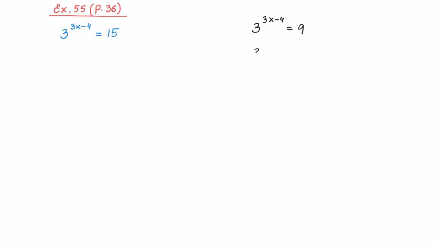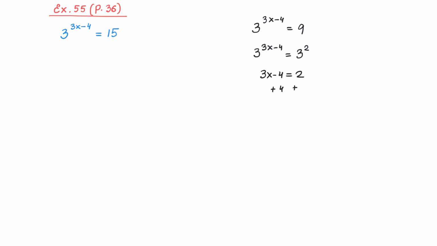Then we would keep the left side as 3 to the power of 3x minus 4, and we would write 9 as 3 to the power of 2. And now, if on both sides of this equation the bases are the same, we can make the exponents equal. We can say that 3x minus 4 equals 2. So let's write that 3x minus 4 equals 2, and we will solve for x.